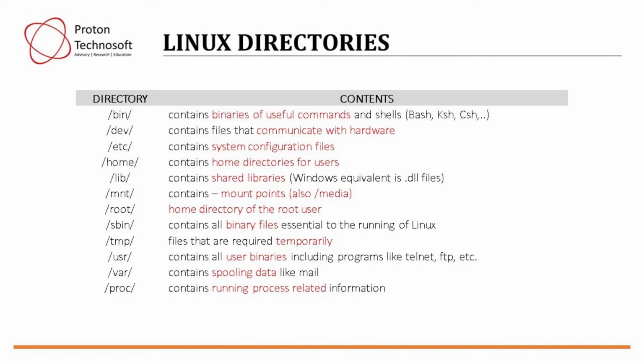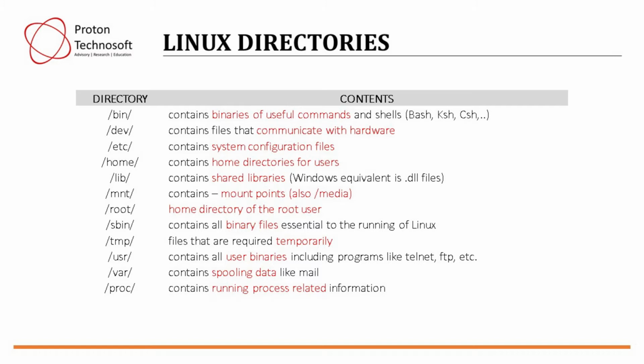When we create any user on the Unix system, all these users get created under the home directory. So it's similar to the C drive users directory on Microsoft Windows. So we have C:/users; here we have /home, for the home directories of the users.